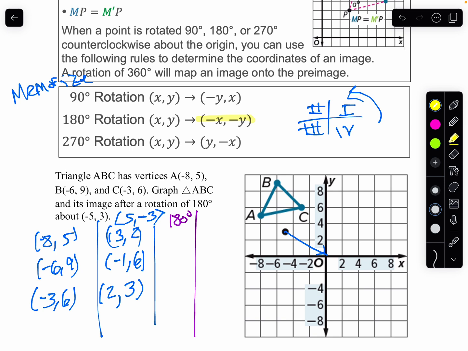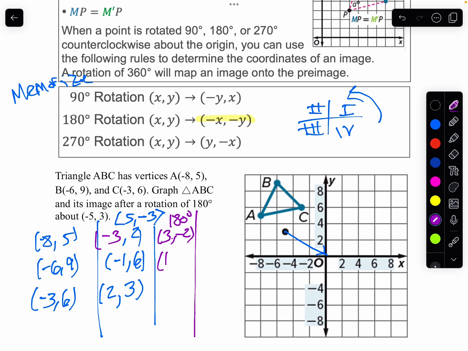I just noticed that. Because it was -8. -8 plus 5 is -3. Sorry about that. -8 plus 5 is -3. Okay, so it becomes 3 and -2.